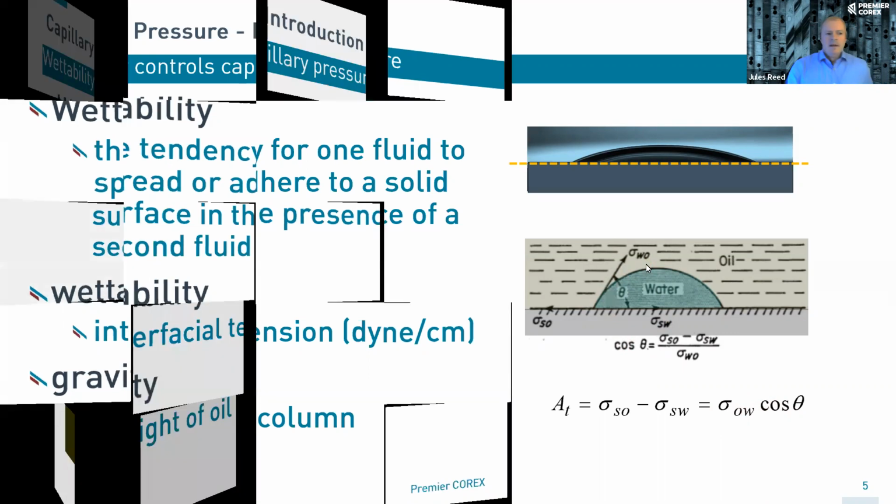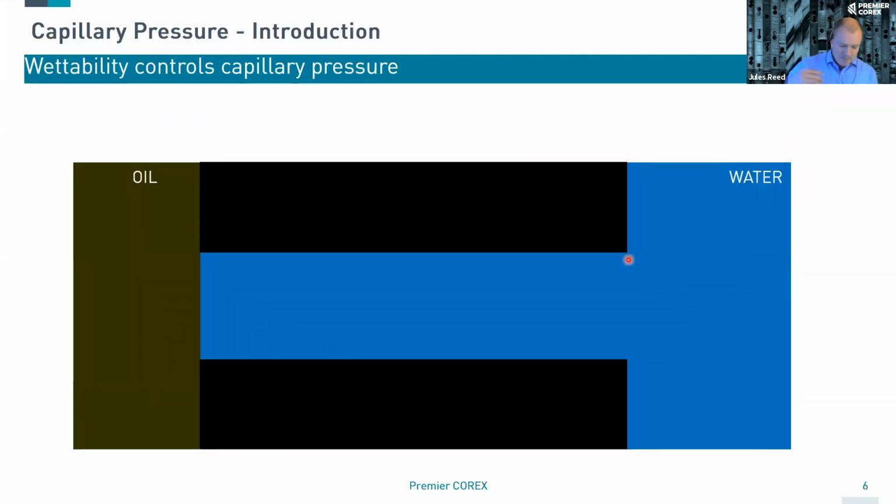Now, when we come into capillaries, we looked at how if you place a capillary into a fluid, if that fluid is wetting, it will be pulled up the capillary, and depending on the size of the capillary, it will be pulled to different heights. Now, in our reservoir, we don't start with two fluid systems initially.